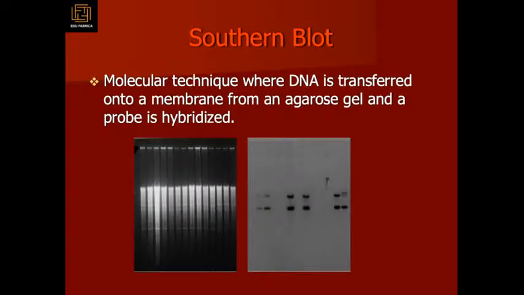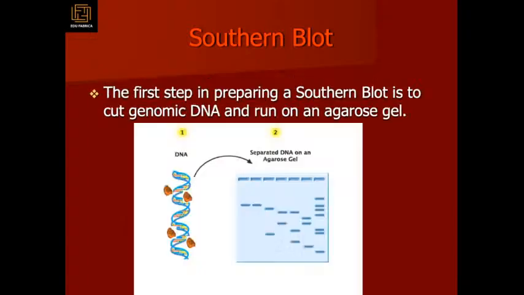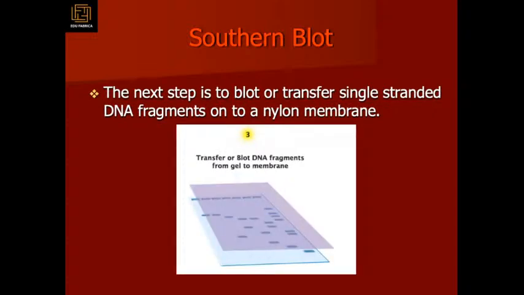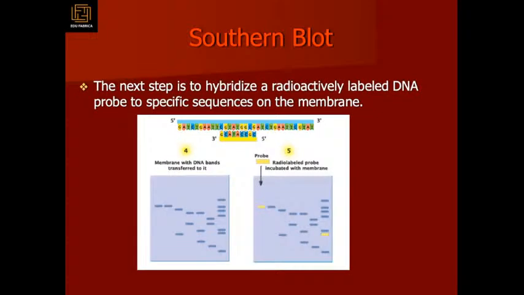Then Southern blot. This is where we hybridize a DNA probe, like we have discussed before. In the Southern blot, the first step is to extract the genomic DNA and run it on the agarose gel. Then we transfer this to the nylon membrane. After transferring, we hybridize a radioactively labeled DNA probe sequence on the membrane.